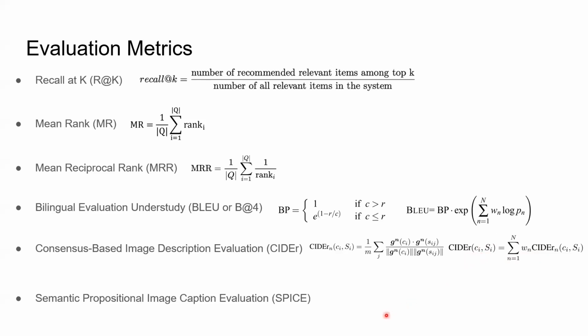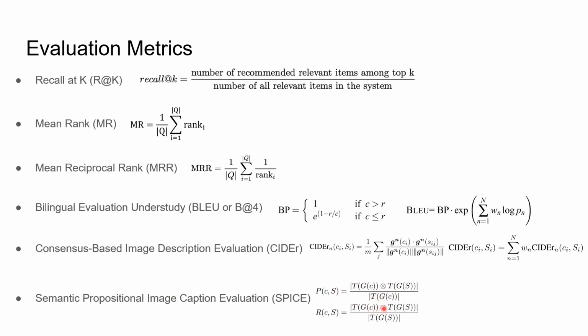And then finally, semantic propositional image caption evaluation, or SPICE. SPICE is a bit simpler than CIDEr, at least with how it's calculated. First, you calculate the precision and recall. The precision represents the number of correctly predicted semantic propositions in the generated caption divided by the total number of semantic propositions in the generated caption.